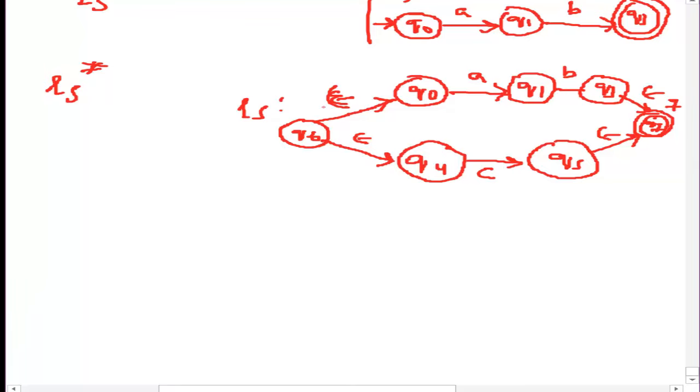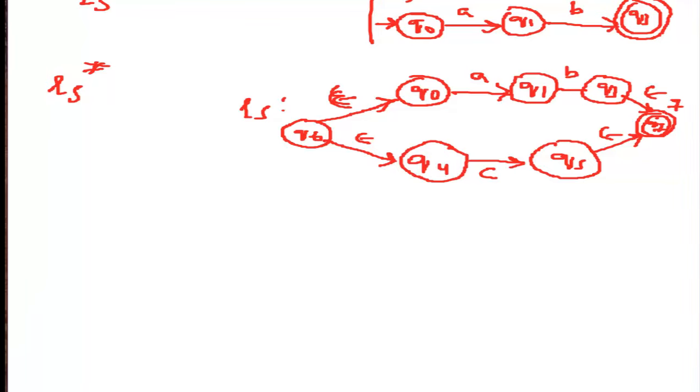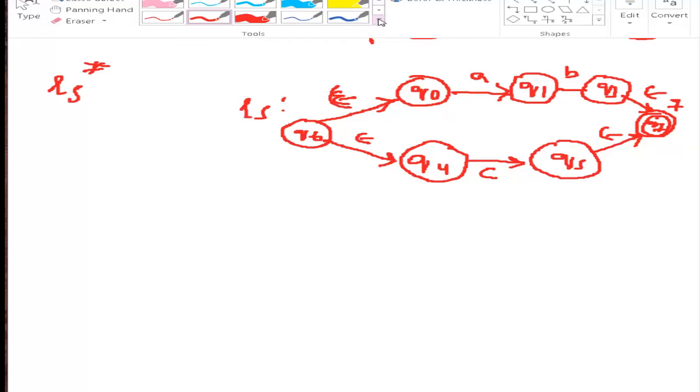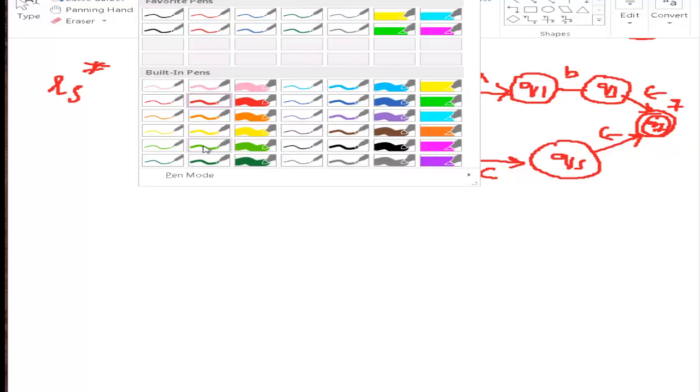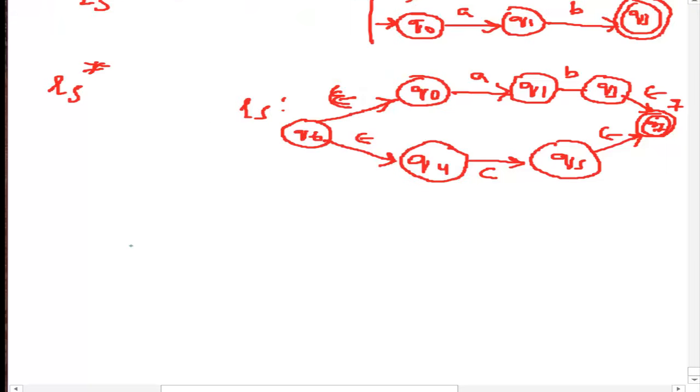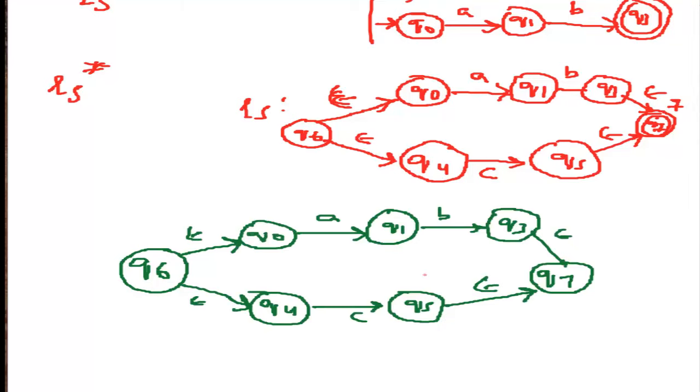Firstly, let me draw this in a different color so that it's more visible. This is the Q0. I have drawn the same thing here, as you can see. The only difference is this was my start state, and this was my final state.